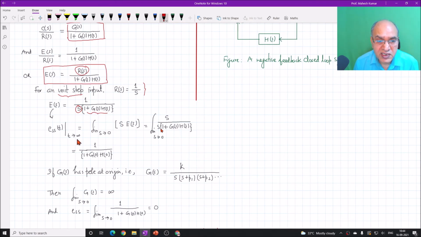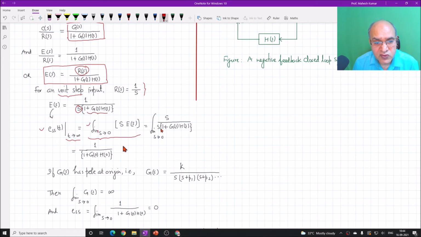We can use the final value theorem. That is, e_ss(t) when t tends to infinity will be equal to the limit as s tends to 0 of s into E(s). This is from the final value theorem using the Laplace transformation. They are equivalent; either I can do this or I can do that.